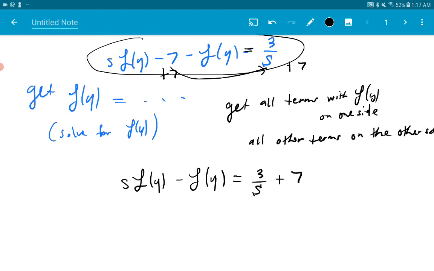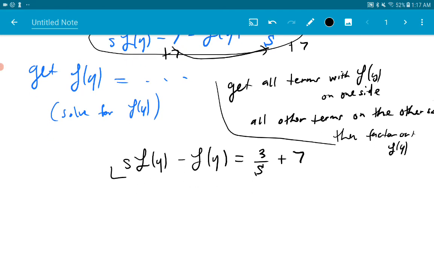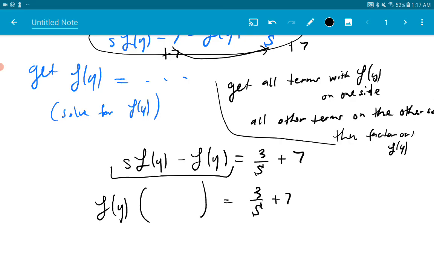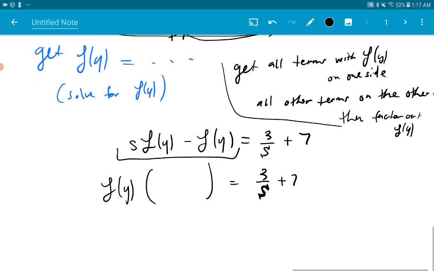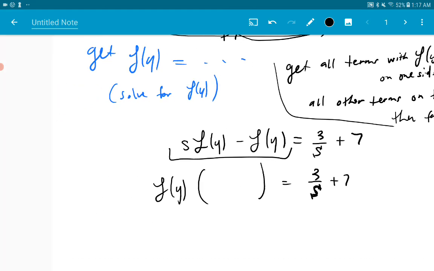We're almost there. Then, what's the next step? Then factor it out. Factor out L of y if it's in more than one term, which it is here. So I factor out L of y here. What do I have left inside? Remember, this is an S, not a 5. I'm just making it look like an S with the funny font. What's left inside here?